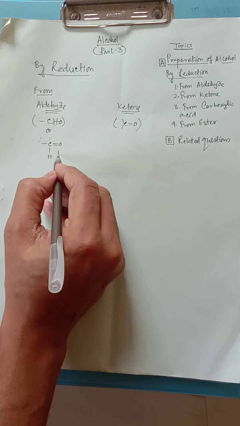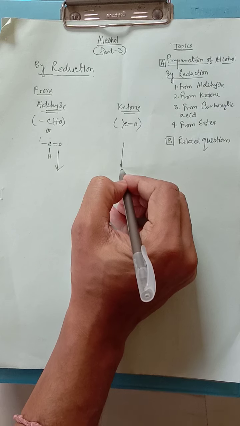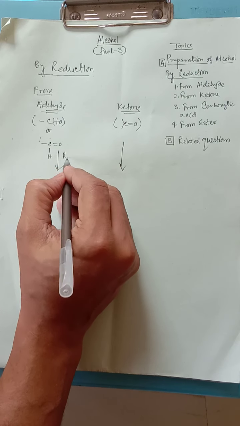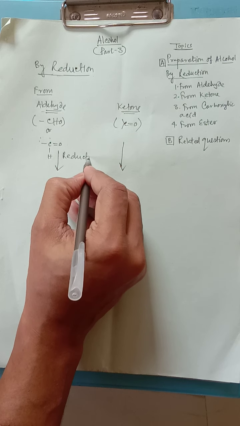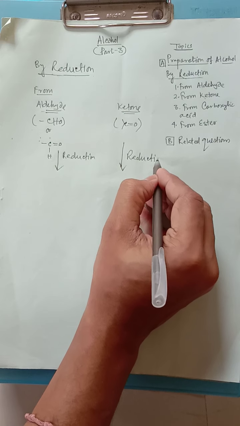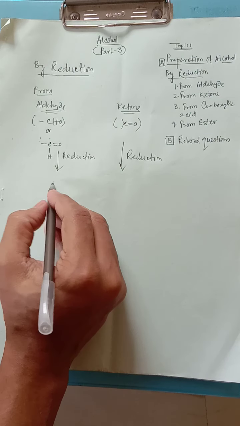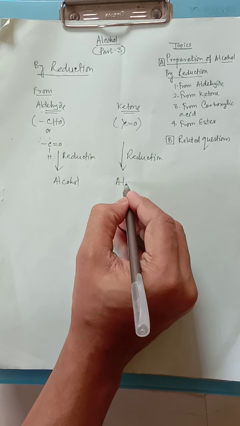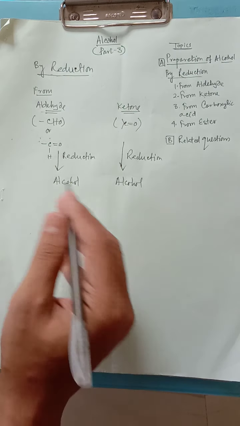Okay, now moving to the next step, that means reduction. Whenever reduction is done, in both of the cases we will get alcohol. Here is alcohol, here is alcohol. Now what is the difference between them?